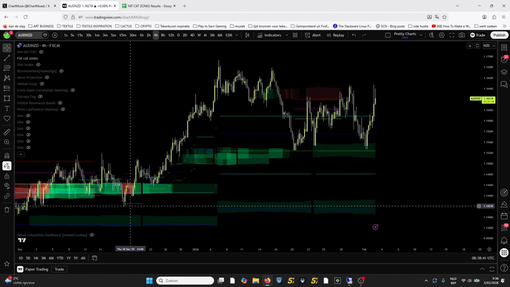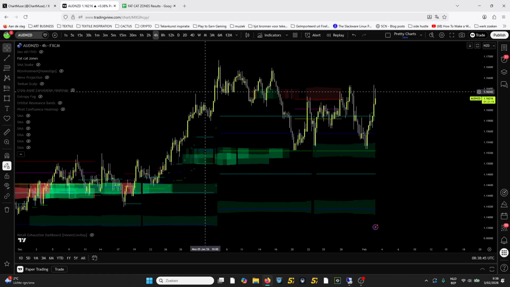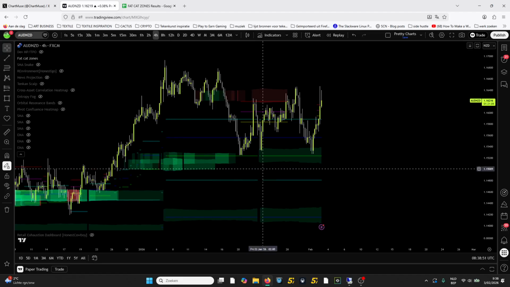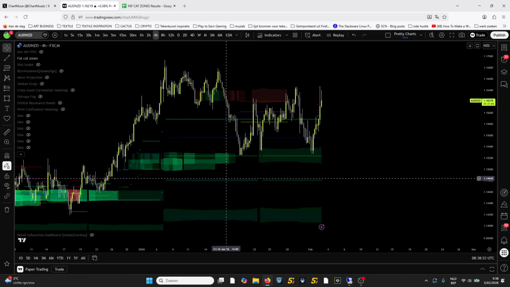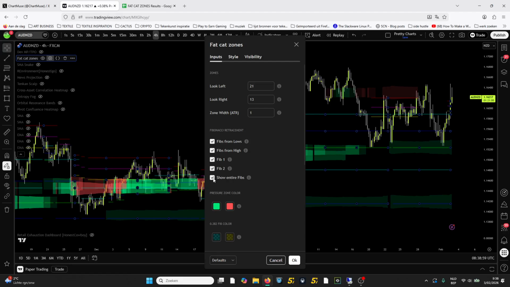This is just the Fibonacci zone extending with the move going up and up. You can see the levels change. They call it the fat cat zones. And you can even just use it for the Fibonacci level tool. But personally, I only trade from the zones.